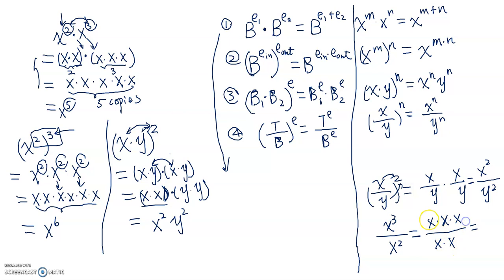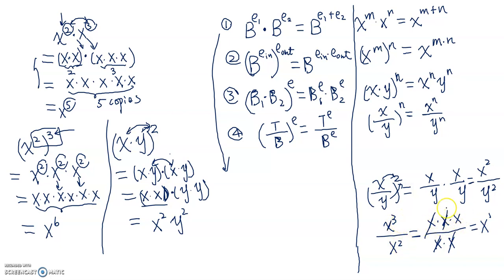And we know how to reduce fractions. Similarly to that, we can cross out the common factors, x and x. And we end up with just x, which means x to the first. And you can see this one can be obtained by subtracting 2 from 3.